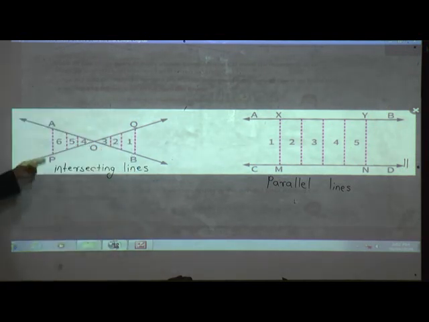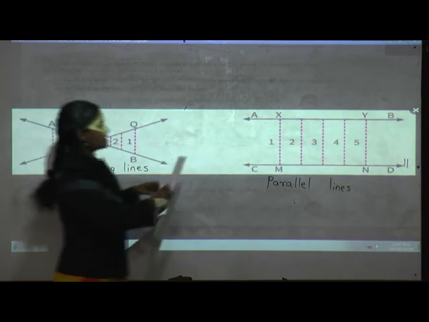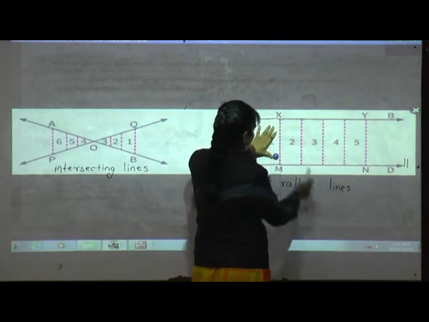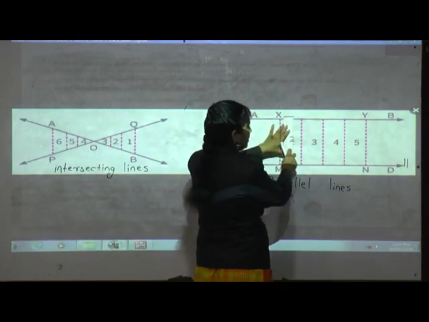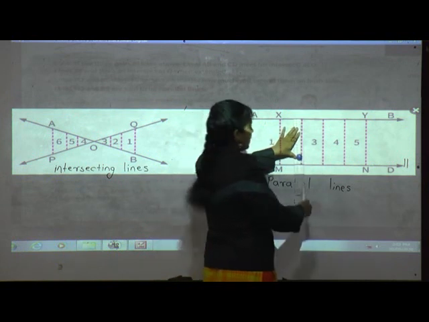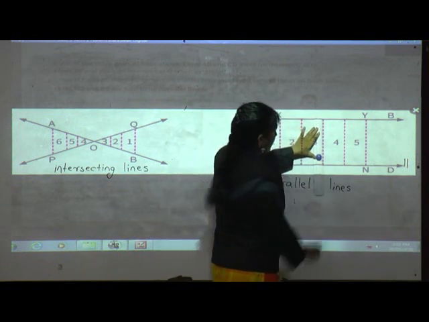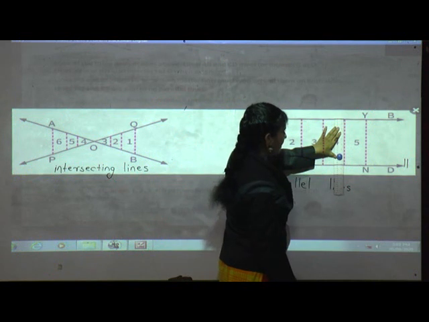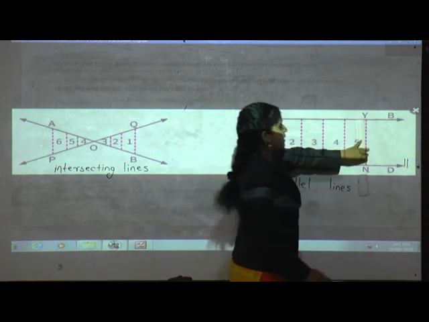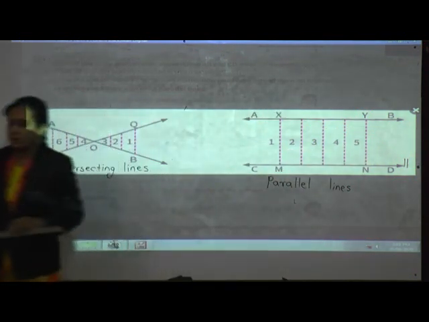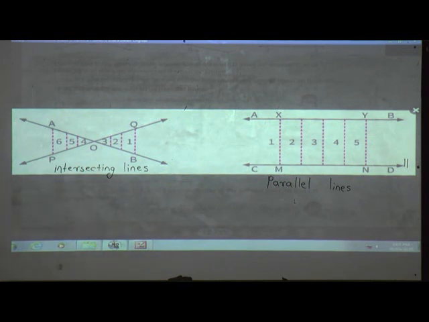So the distance between these lines is always different. Again just measure the distance here. Here it is 8 centimeter, here also 8, here also 8, again here 8 and 8. That means the distance between two parallel lines is always the same.